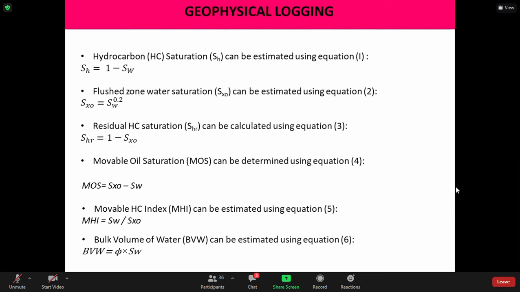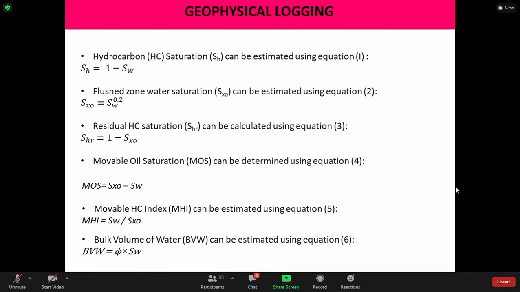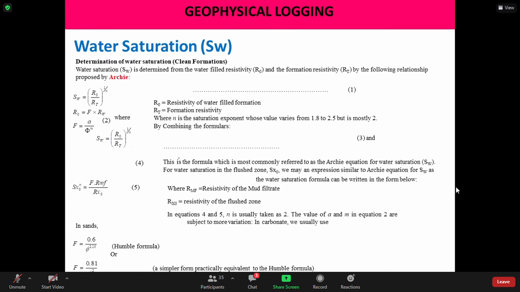So if you are given parameters that involve the resistivity of the mud filtrate, the resistivity of the flushed zone, and porosity, then you estimate the water saturation of the flushed zone using this first equation, where our n equals 2.